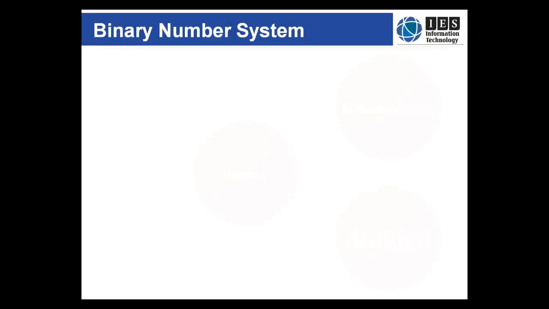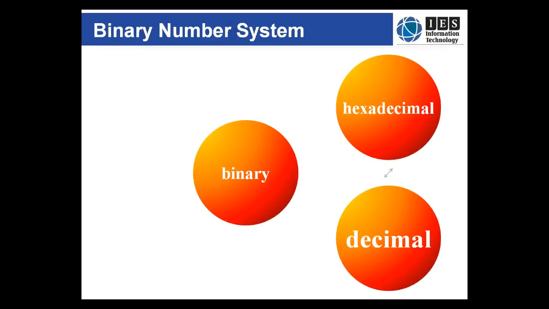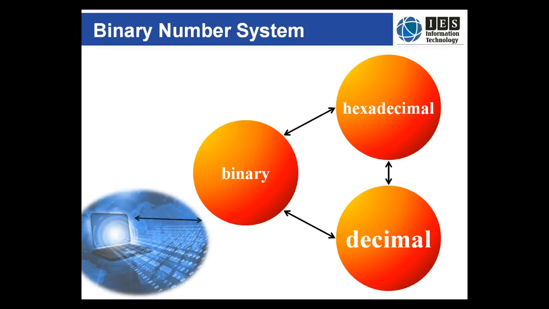Again, the 3 systems all have a role to play, but the computers we use only handle binary, and so we may enter decimal values or hexadecimal codes, but the computer will store them, after processing them, as binary.